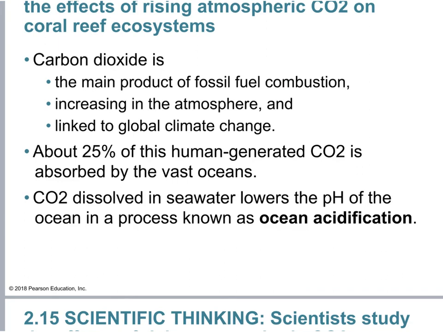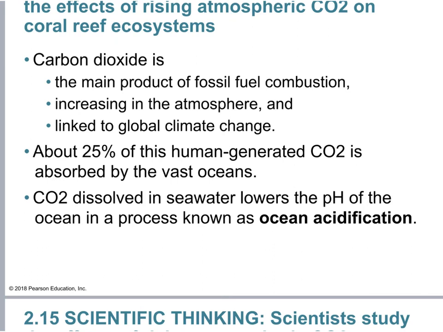Carbon dioxide is the main product of fossil fuel combustion, and its steadily increasing release into the atmosphere is linked to climate change. About 25% of this carbon dioxide is absorbed by the oceans, and this naturally occurring remedy to excess CO2 would seem to be a good thing. However, as CO2 levels on the planet continue to rise, the increasing absorption of CO2 is threatening to harm marine life and ecosystems.